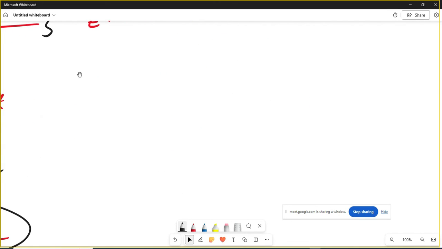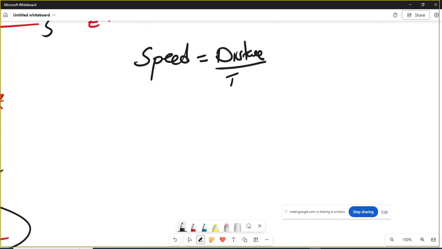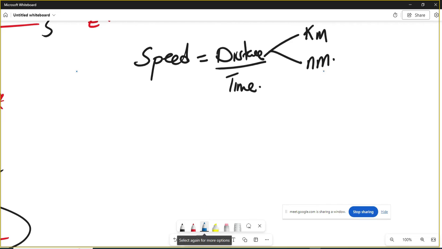Okay? Remember, first of all, the formula for speed is distance over time. And the units for distance, we said we have the kilometer and then we have the nautical mile. Now I'm interested in the nautical mile.